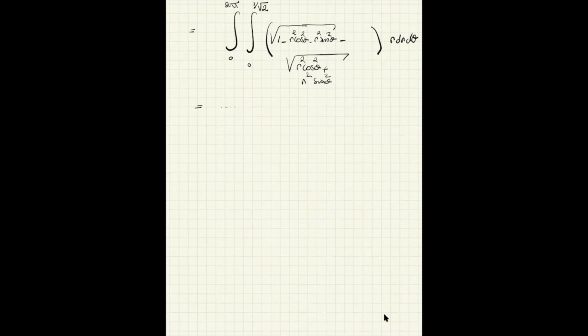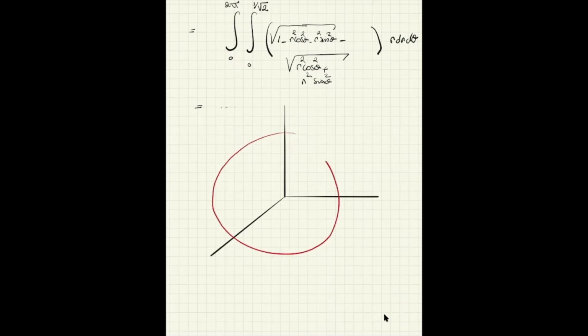Okay. So we had our three axes, and we had our sphere. I try to use colors in the hope that it will make things very clear. So we have our sphere, and then we have the cone that you can see.